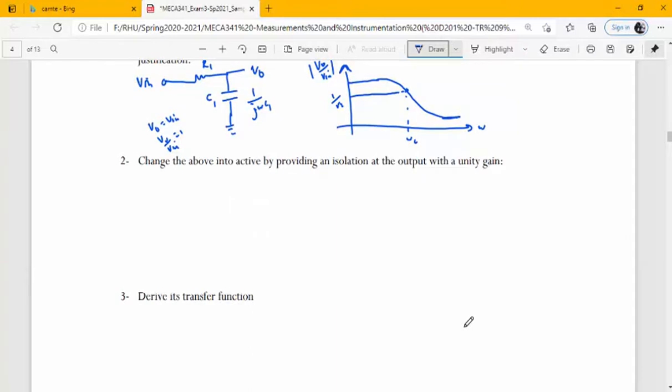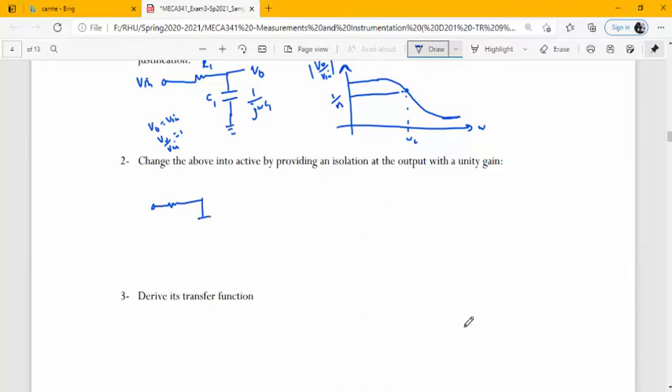Now, this is a passive circuit. We need to convert it into an active filter by providing an isolation at the output. Of course, we can provide an isolation at the output or at the input. For this question, we need the isolation at the output.